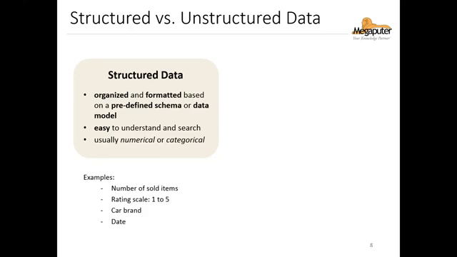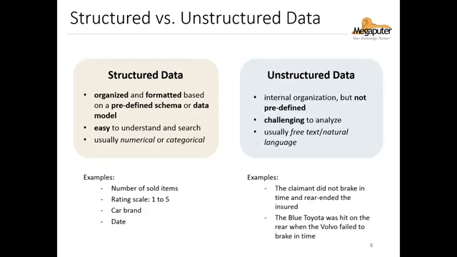We usually have numerical values or categorical values, i.e. a finite number of options or categories that we can choose from. Unstructured data, on the other hand, does not follow a predefined schema or data model. It typically refers to things like free text or natural language when we use the term unstructured data.